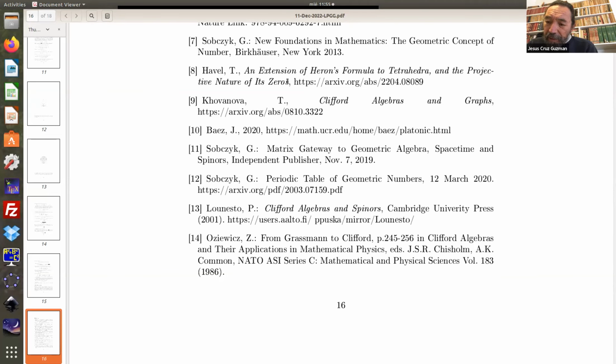Then this paper I found has no relation with category theory, but has a relation with graphs. And I think this is an important idea of how to get some representation of this kind of algebras.